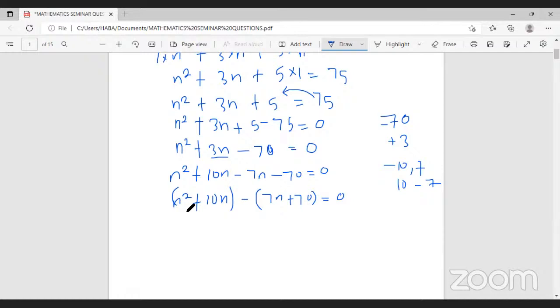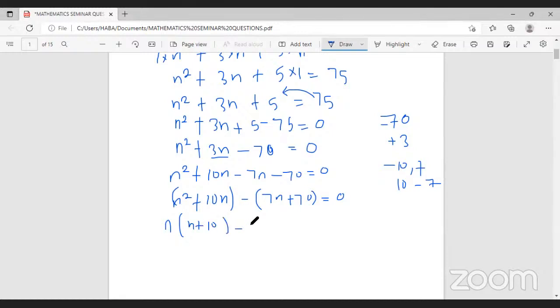So what is the common factor in the first bracket? It's n. So we factorize it outside. So what remains inside? n plus 10. Thank you.